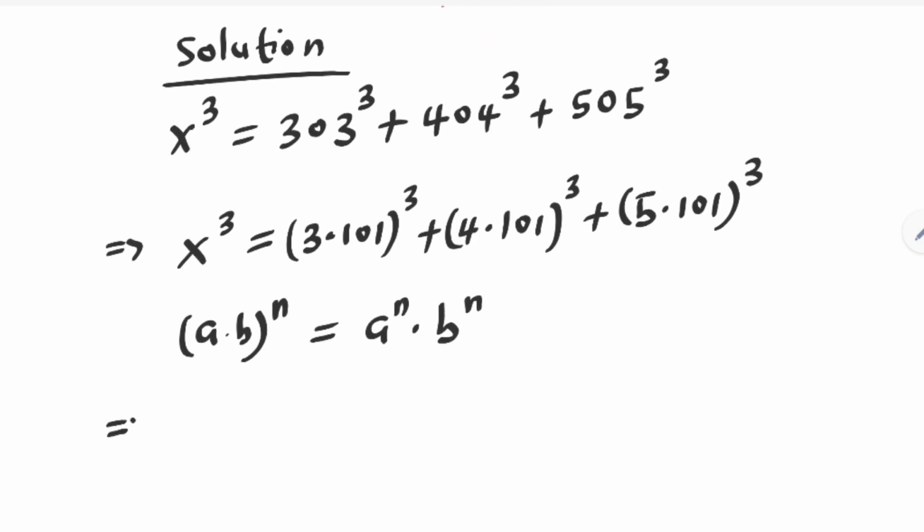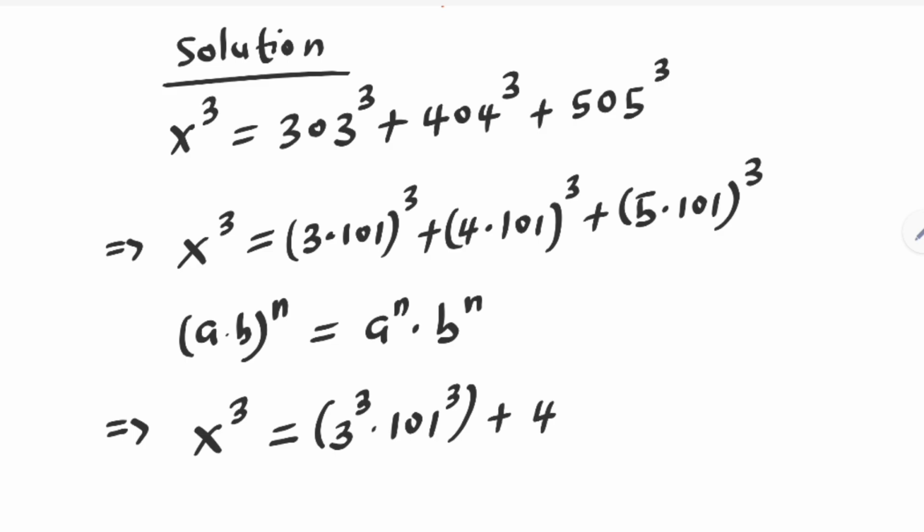Then x raised to power 3 is equal to 3 raised to power 3 multiplied by 101 raised to power 3 plus 4 raised to power 3 multiplied by 101 raised to power 3 plus 5 raised to power 3 multiplied by 101 raised to the power of 3.